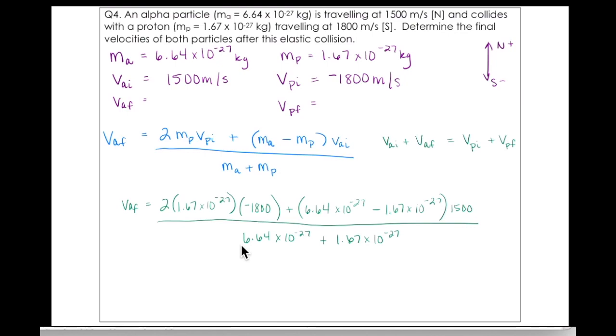When I solve for VAF, I get 173.65 meters per second.